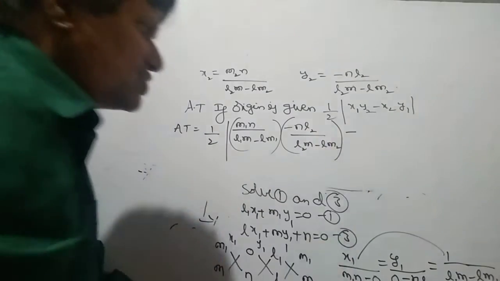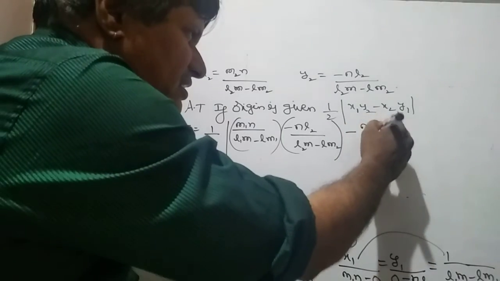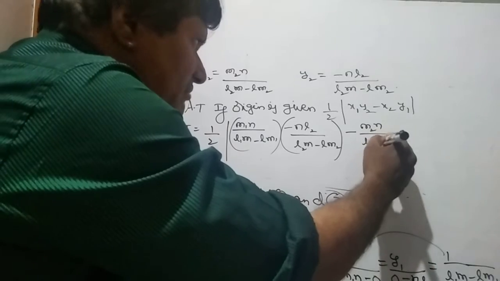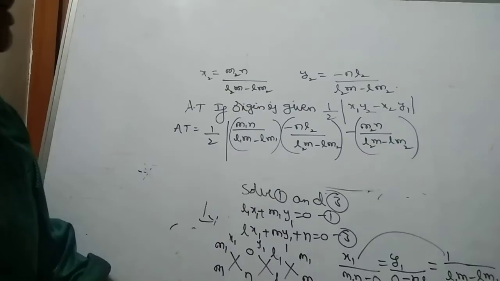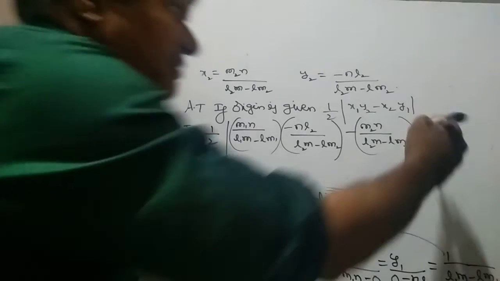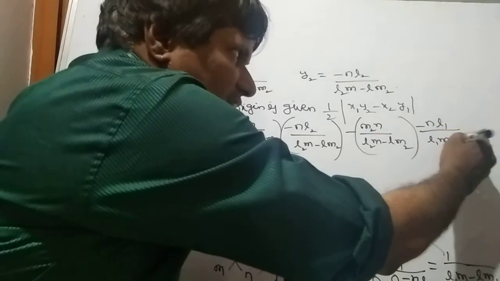What is x2? x2 is m2n by L2m minus Lm2, and y1 is minus nL1 by L1m minus Lm1.